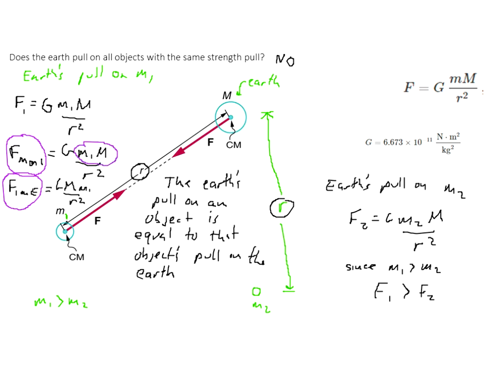If you multiply two things together, big M times M1 is the same as M1 times big M. And that's exemplified by these force arrows pulling the same. And this is from Newton's third law.